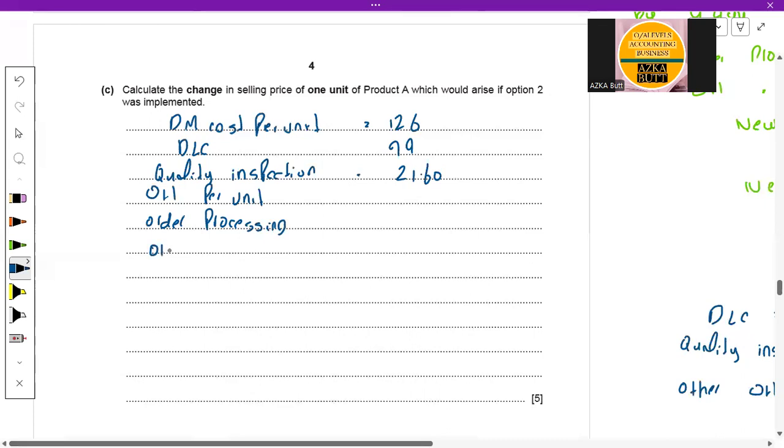Order processing overhead per unit, 6,528 divided by 200 is equal to 32.64. Yes. And other overhead per unit is equal to $55.